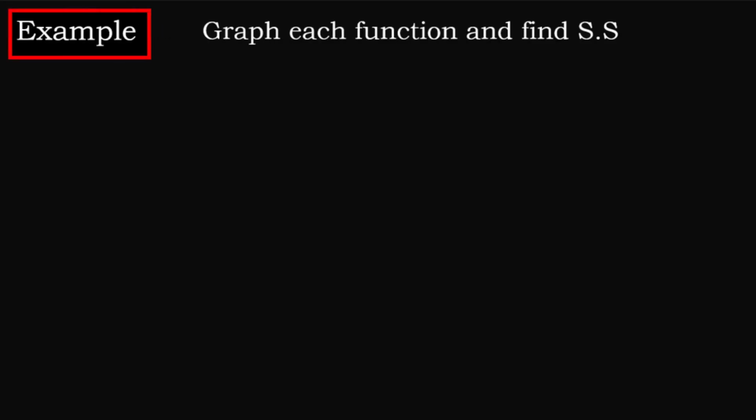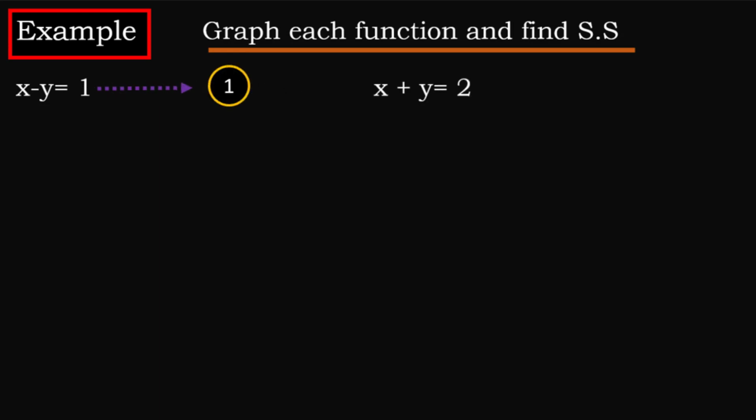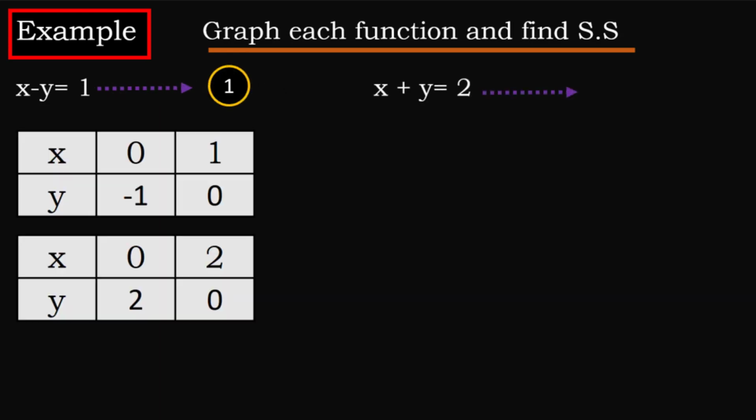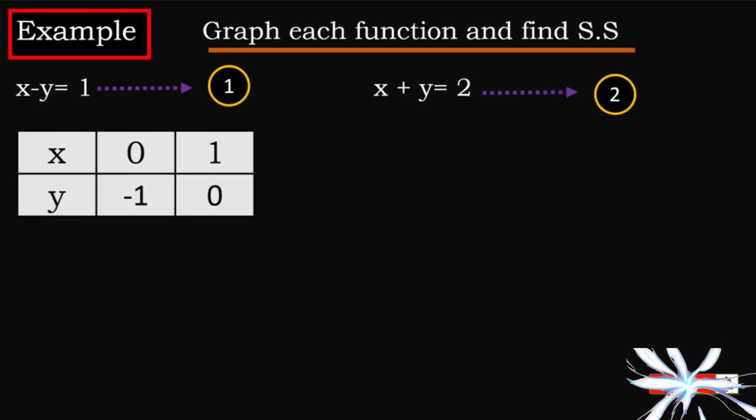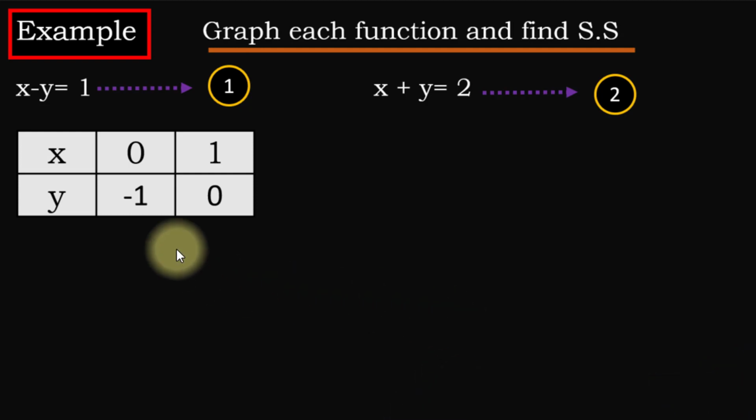Example: graph each function and find the solution set, or solve the system of equations graphically. The first equation, x minus y equals 1. The second, x plus y equals 2. We will graph each equation. For the first equation, we can find two ordered pairs that satisfy it.